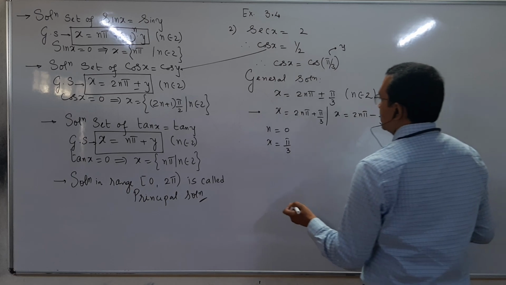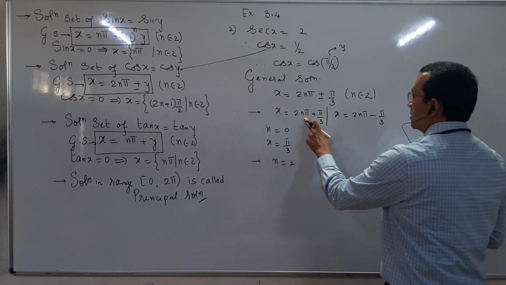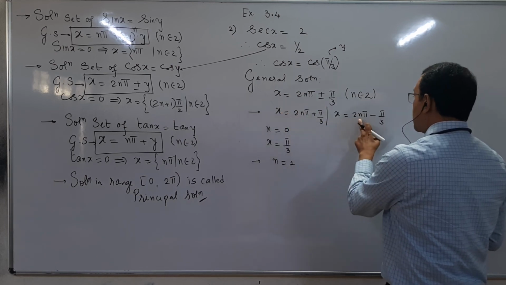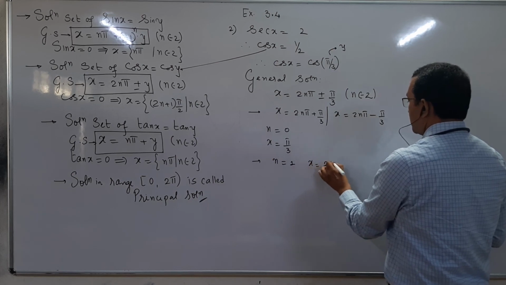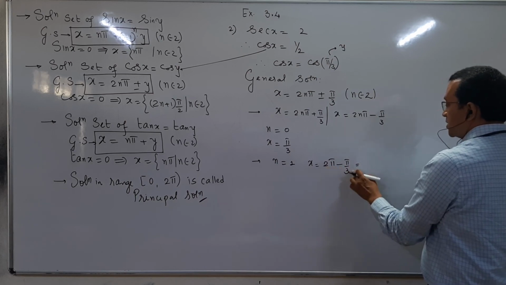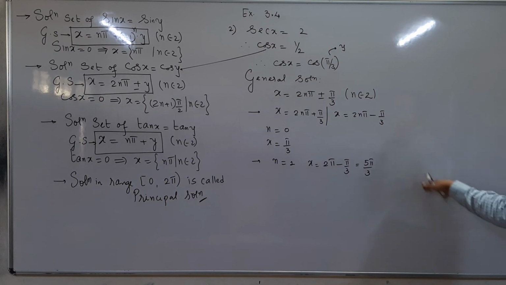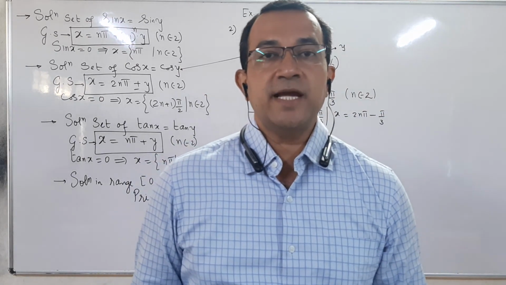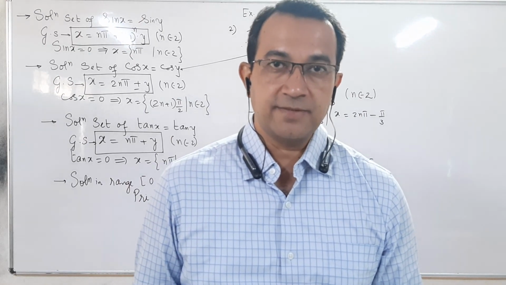Then when I take n is equal to 1, this will be 2 pi plus pi by 3, excluded. Here, when I take n is equal to 1, I will get 2 pi minus pi by 3, which is 5 pi by 3. So either we get the answer from the plus part of the solution set, or from the minus part of the solution set.